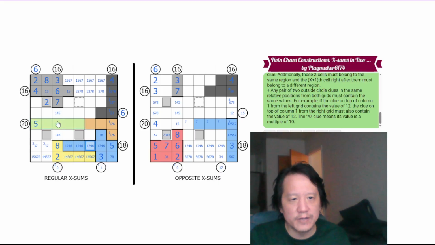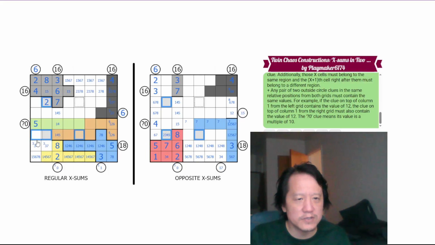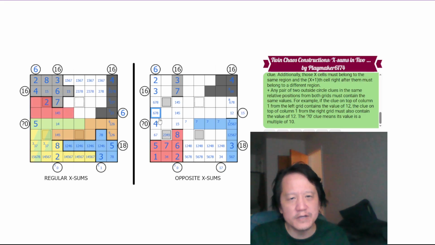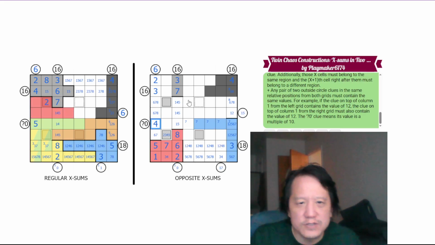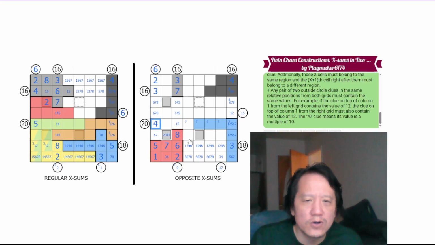We'd have that combination then. No 5 here. This has to be orange going that way. This must be yellow here. And this is yellow-green as a pair. This would be some other region, so we'll make that red. So if that's 3, this is 4.